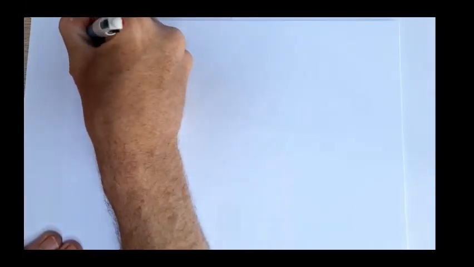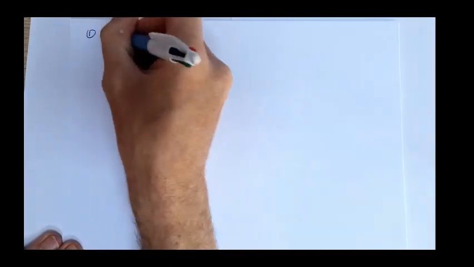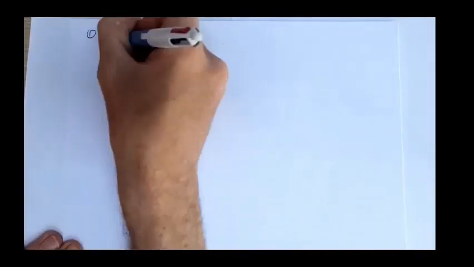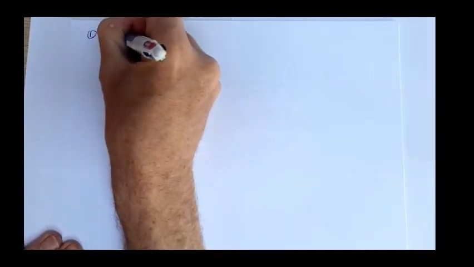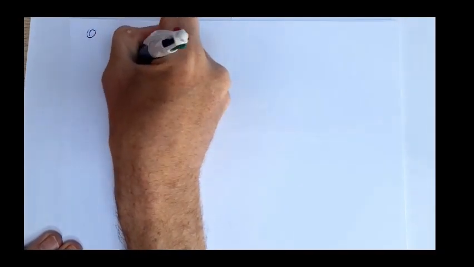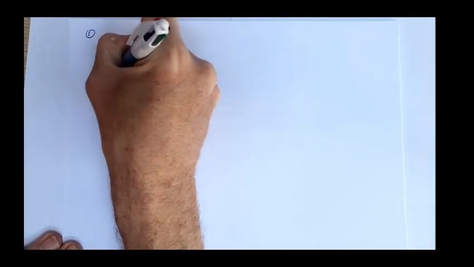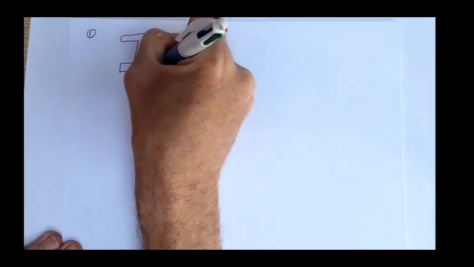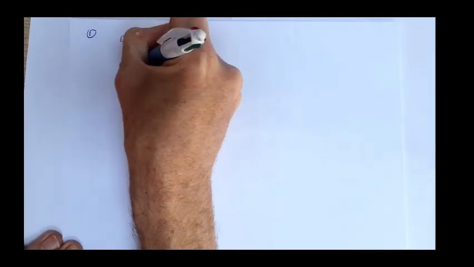Okay, question 1. So we've got an I-section girder, 200 mm wide. So there's my I-section girder. The first thing that we'll do is draw a schematic of the situation.